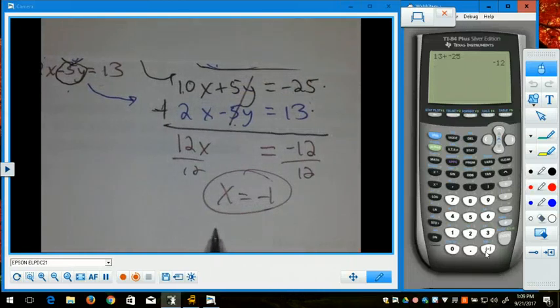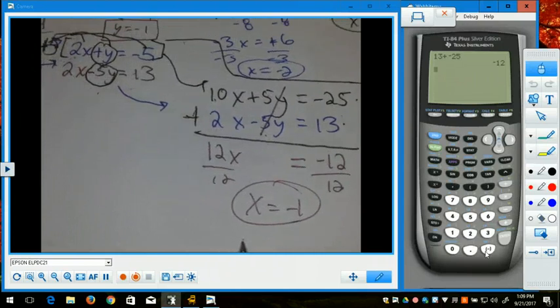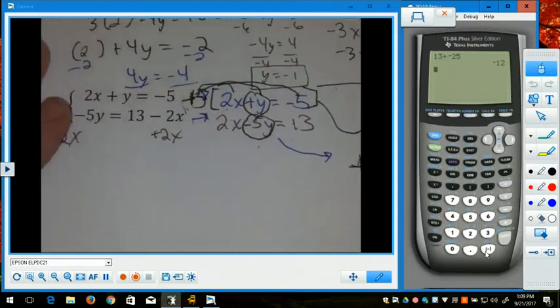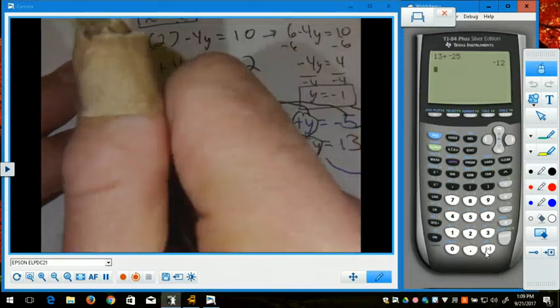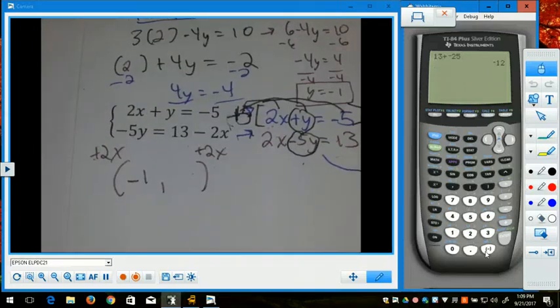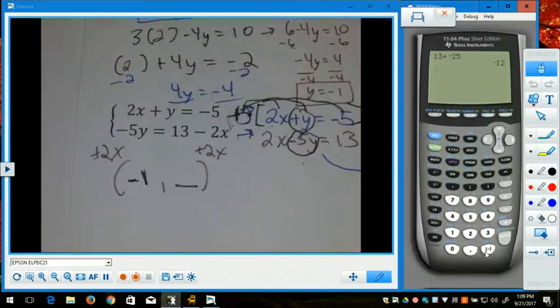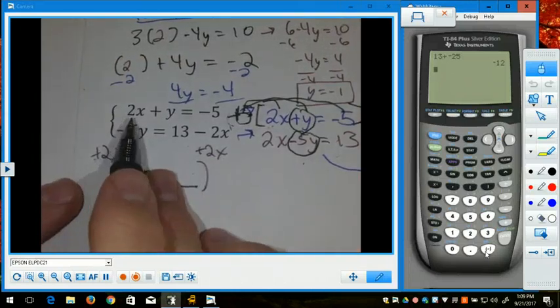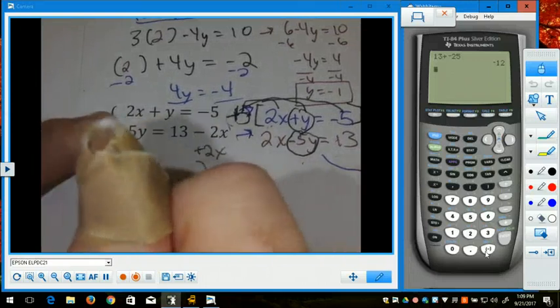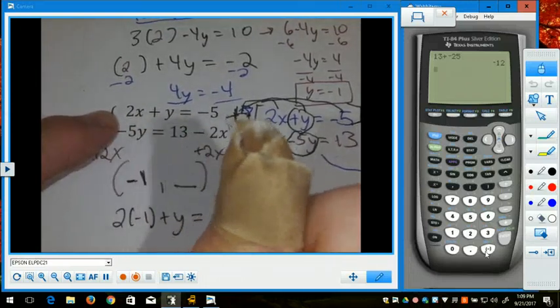And that's our answer for x. So for this original system, I go back to my original system, this one right here, we have a solution of x equaling -1, and we have to figure out what the y is. So I'm going to do that, and I'm going to do it in both equations. Since my x is -1, this top equation becomes 2 times -1 plus y equals -5.